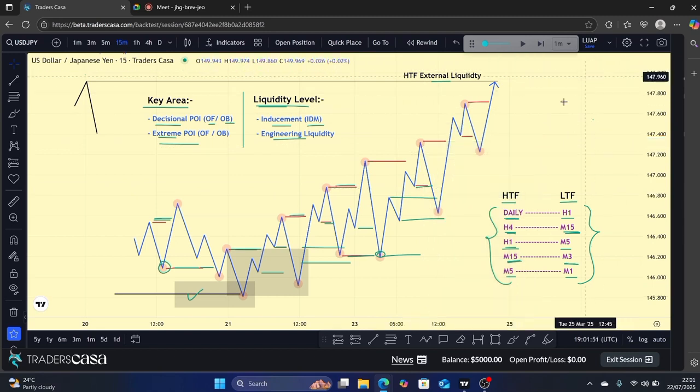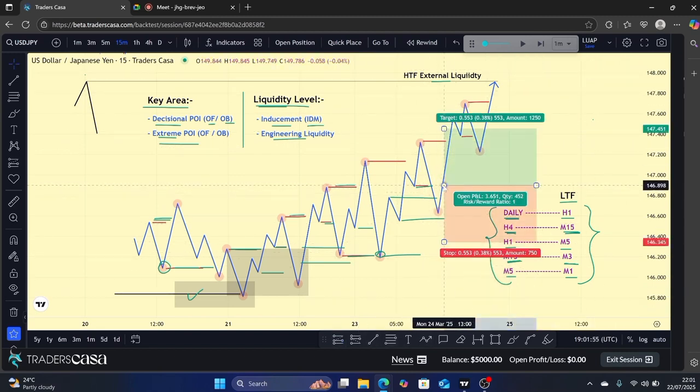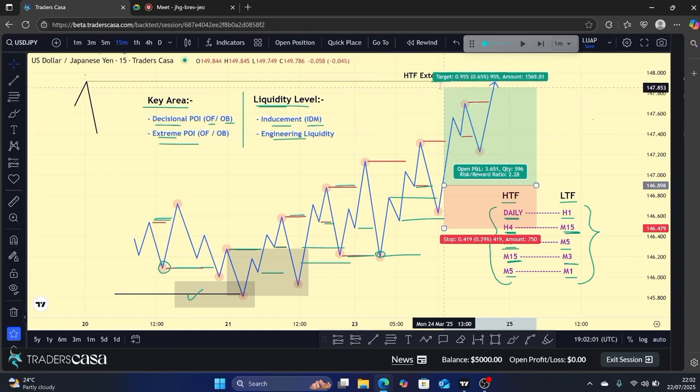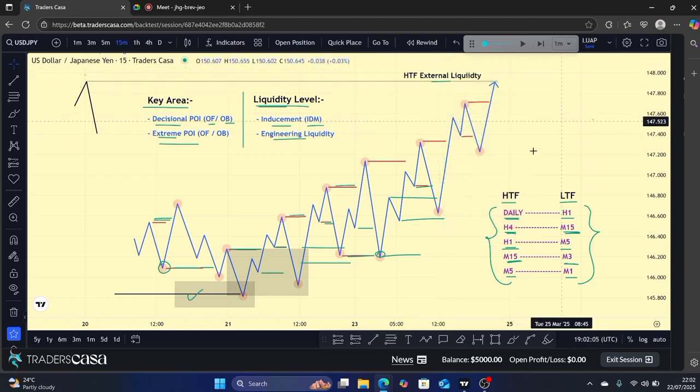Anyways, the conservative ones will wait for a reversal pattern here and place their stop loss, of course, below the reversal pattern, and obviously target this area. That's a conservative person. They don't care about the major and the minor. They don't care that the major inducement is more impactful, and the minor inducement is less significant and less impactful.